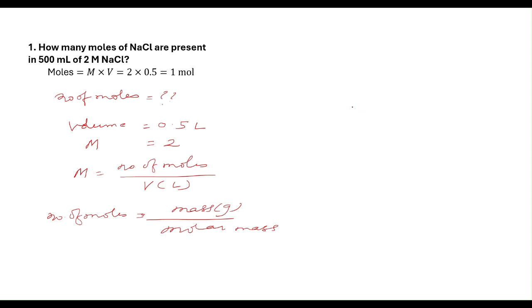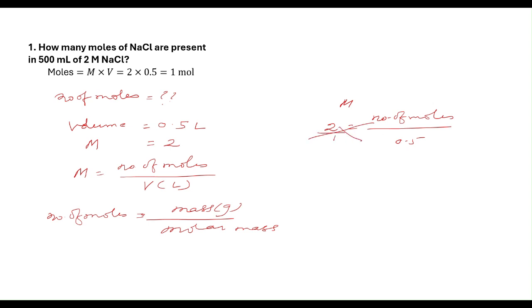So let's solve. The molarity is 2 molar, and we want to know the number of moles, which we can write as such, and the volume in liter is 0.5 liter. Then we cross multiply this.